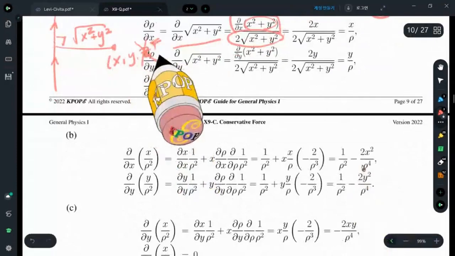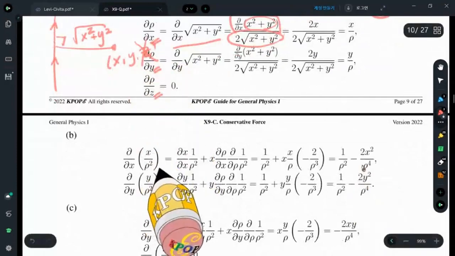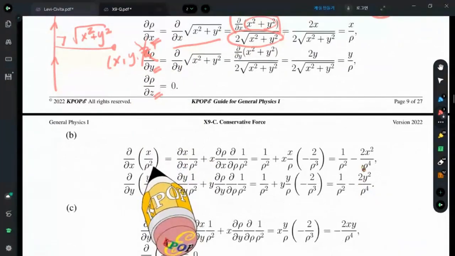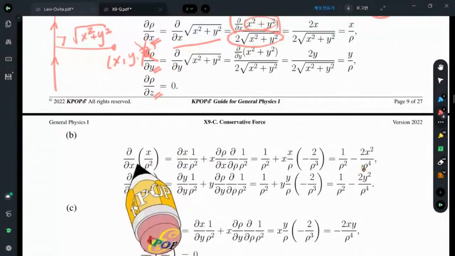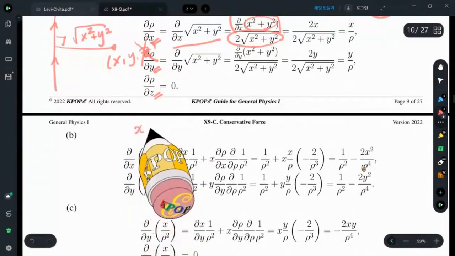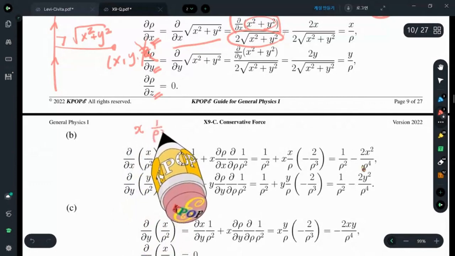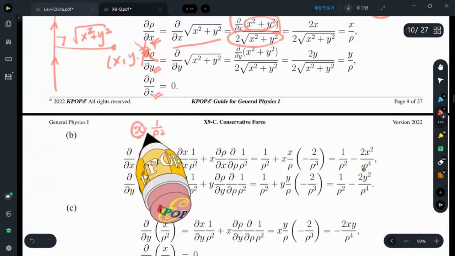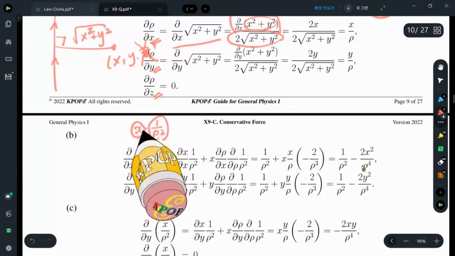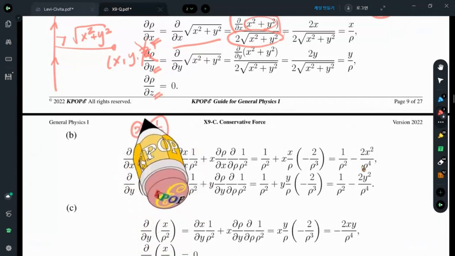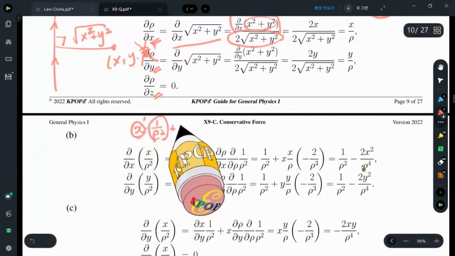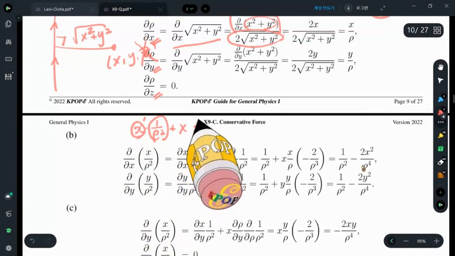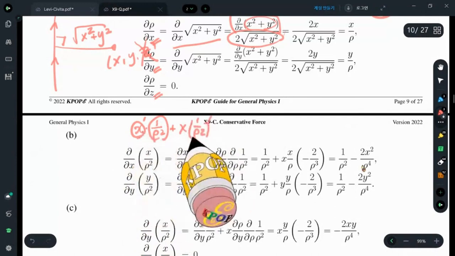So this is now simple. But what happens if I have x over rho squared? Then this is a product of x and 1 over rho squared. So I need to take the derivative of the first one and the derivative of the second one and sum them.